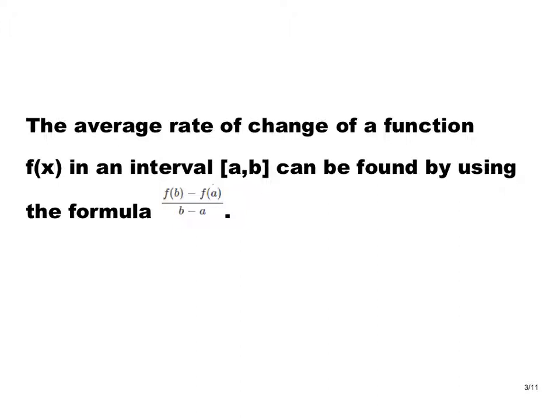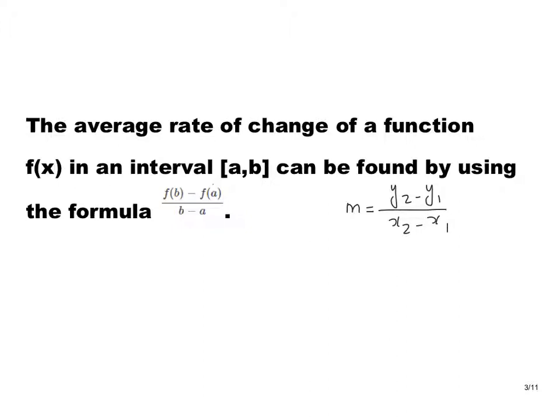We define the average rate of change or the average slope of a function f of x to be the same formula that we use to find the slope of a linear function. Remember, for a linear function, slope was defined as m is equal to y2 minus y1 over x2 minus x1.